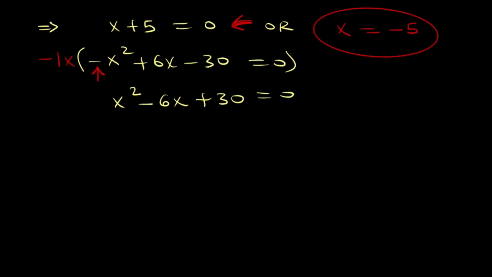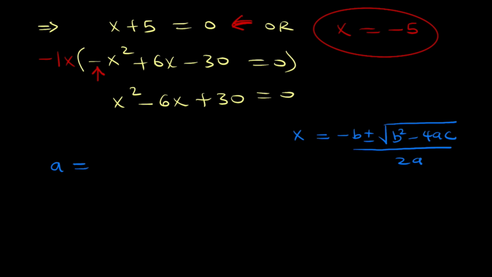for x. Solving this quadratic equation, we will apply the general quadratic formula, which is x equal to negative b plus or minus the square root of b squared minus 4ac, then divided by 2a. Here our a is the coefficient of x squared here, which is 1. Our b is negative 6, and our c is 30.